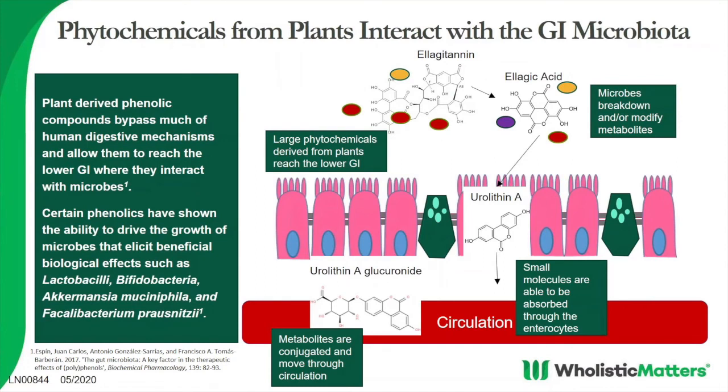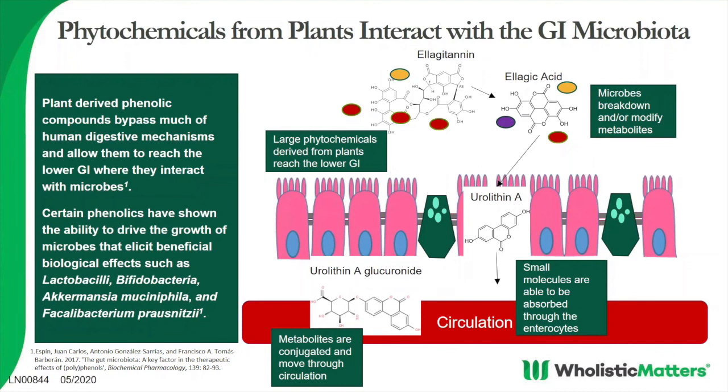So phytobiotics, the plant phytochemicals that interact with the GI microbiota, these compounds bypass so much of the human digestive mechanisms, which allows them to reach the lower GI, where they interact directly with the microbes below.